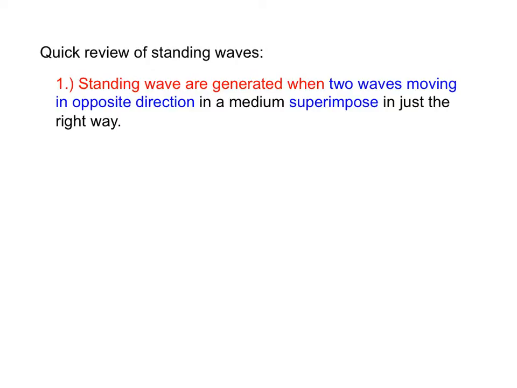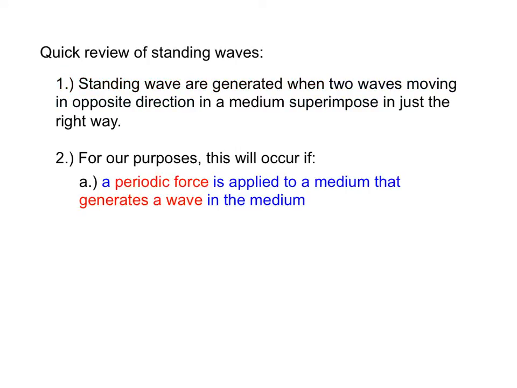Just as a quick review, standing waves are generated when you have two waves moving in the opposite direction in the same medium that are superimposed under just the right conditions. What are those conditions? To begin with, we're assuming that there's a periodic force being applied to the medium that's generating the wave.